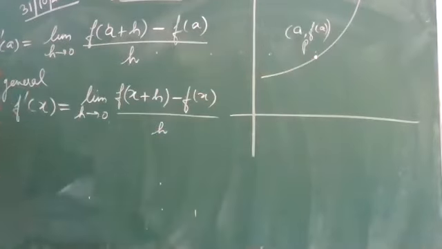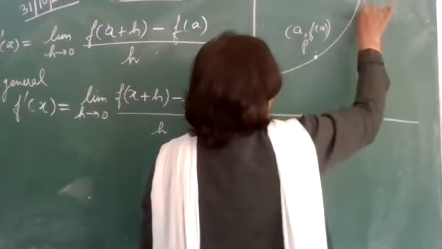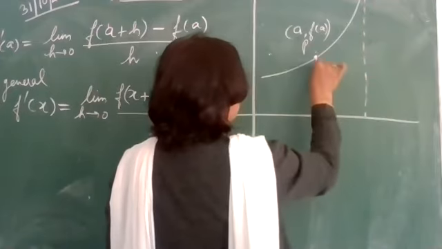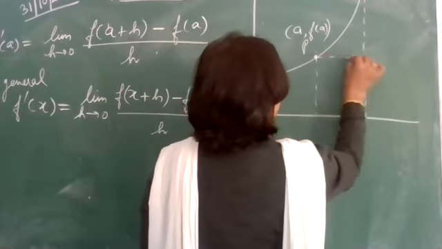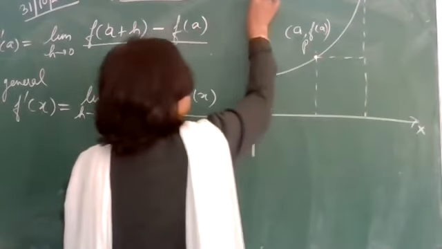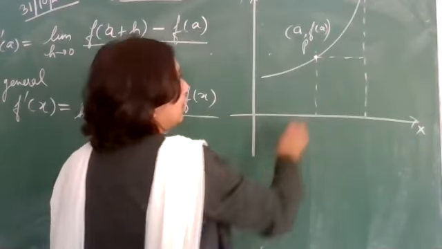Now we have to understand how we have got this. So for this we are dropping perpendiculars from Q and P. This is the x-axis, this is the y-axis.